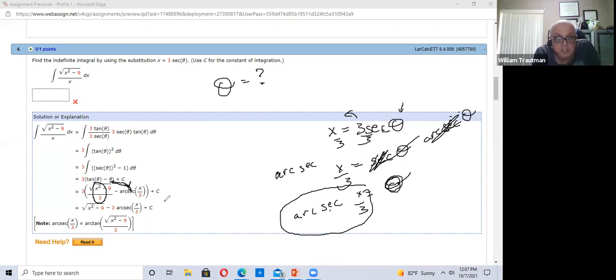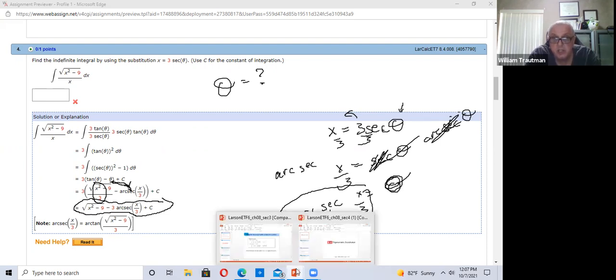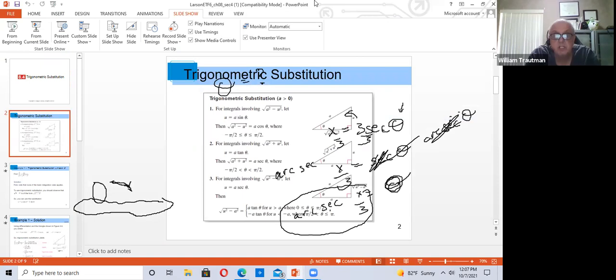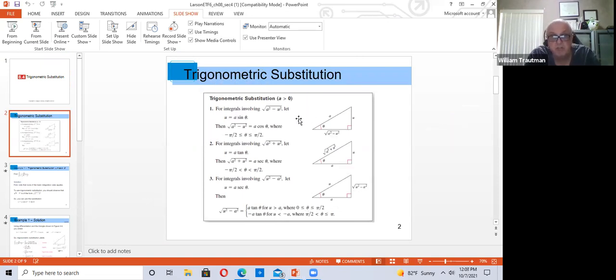And it looks like that was the answer that they had. There's a lot in these substitutions. So I can't stress enough going back to that PowerPoint and having these 3 right in front of you. That last one we used was number 3, you see right there, u equals a secant theta. Having these right in front of you.